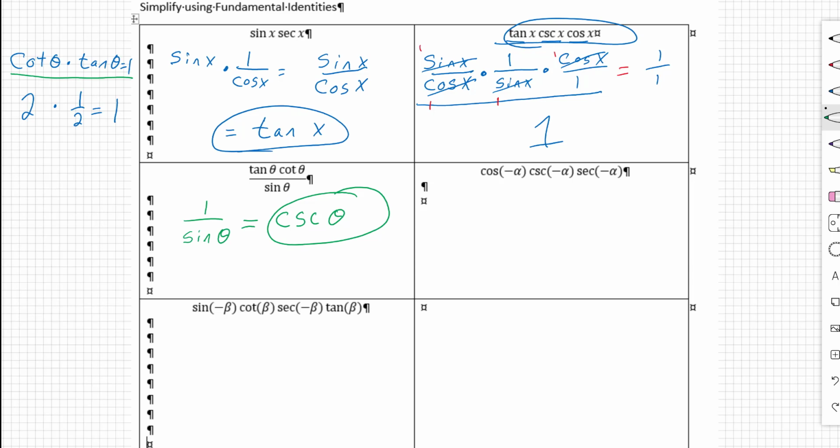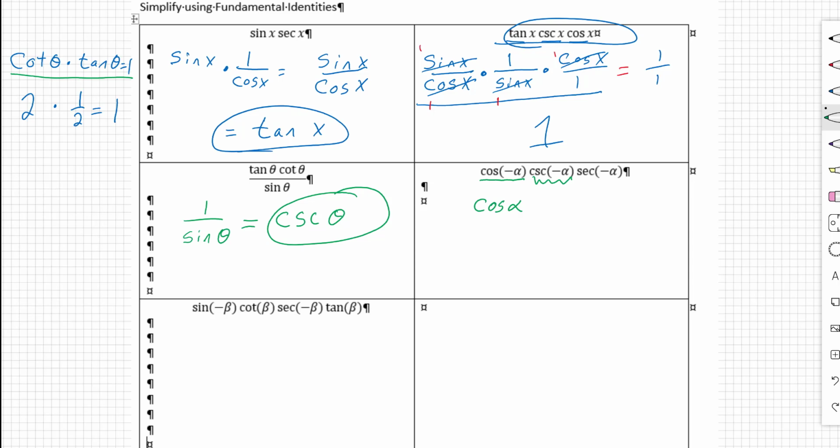Cosine negative alpha, cosecant negative alpha, secant negative alpha. Alright, so apparently the negative is going to bring in the even and odd properties. So let's remember back, cosine is an even function. That means that cosine of negative alpha is the same as cosine of positive alpha. Cosecant is the reciprocal of sine.